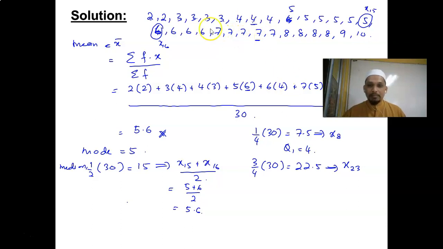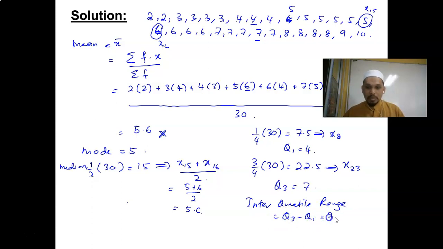So the third quartile equal to 7. So the interquartile range, which is equal to Q3 minus Q1, 7 minus 4 equal to 3.